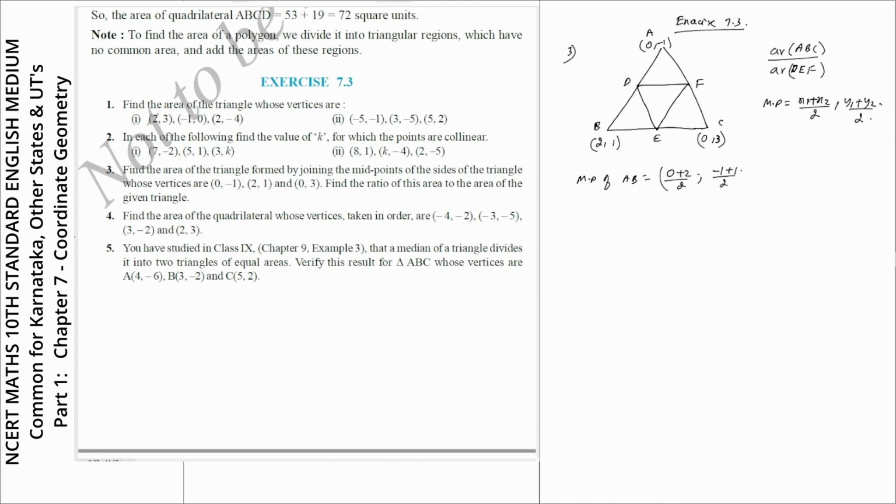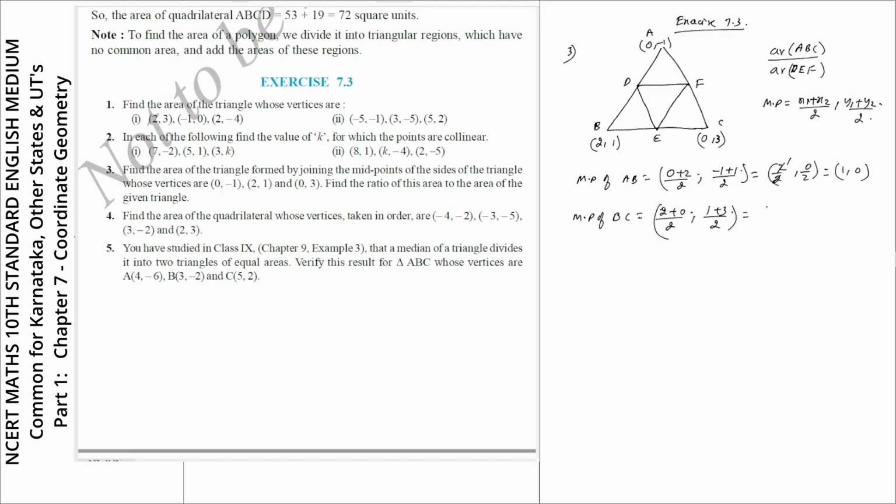So I'll get midpoint is 2 by 2, comma, so this minus 1 plus 1 is 0, so 0 by 2, so 2 1s are 2, so 1, 0 is the midpoint of AB, that is the coordinate of D. Now midpoint of BC is equal to 2 plus 0 by 2, comma y1 plus y2 by 2, that is 1 plus 3 by 2.